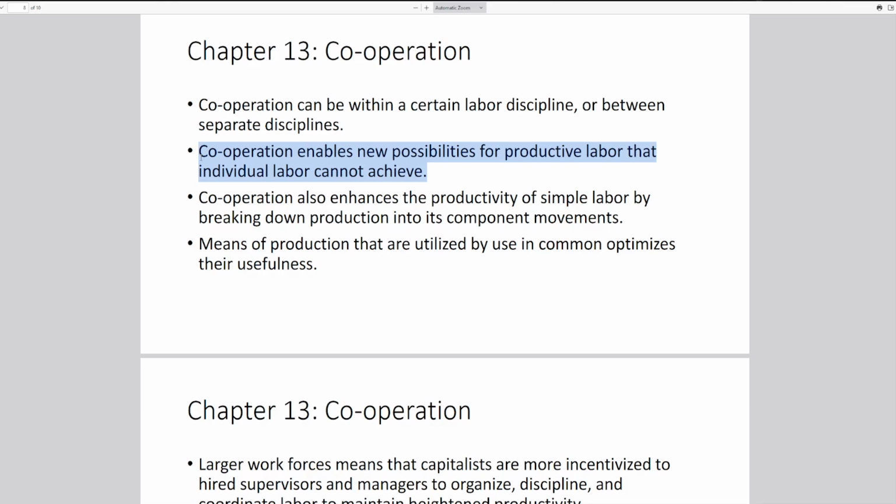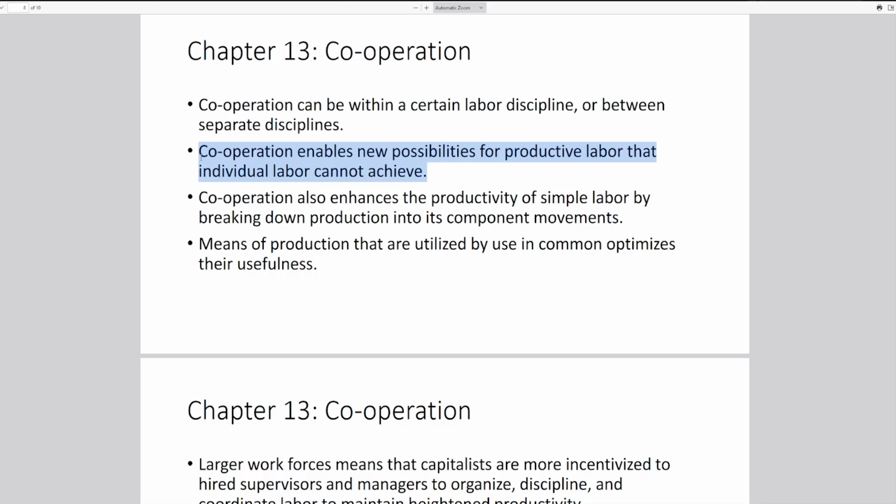But I also think he gives the example that it doesn't matter how strong you are, one person can't possibly lift some super heavy object, like a car. I don't know why a bunch of people would need to carry cars around.